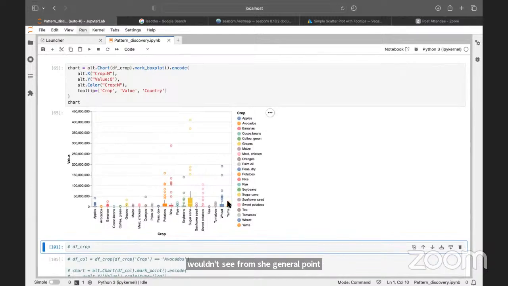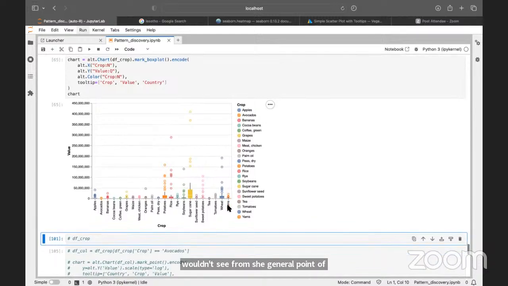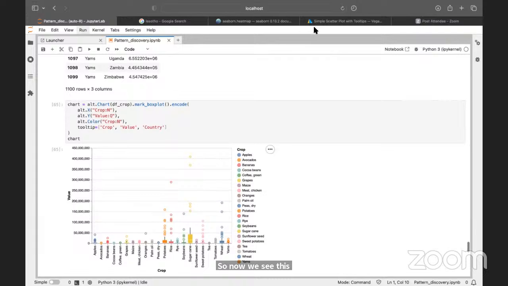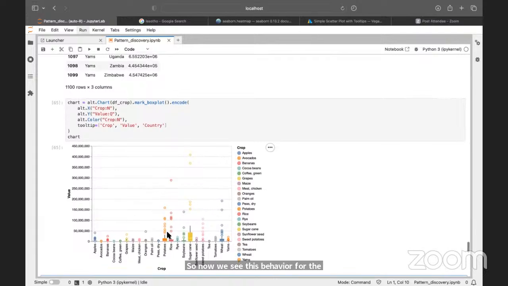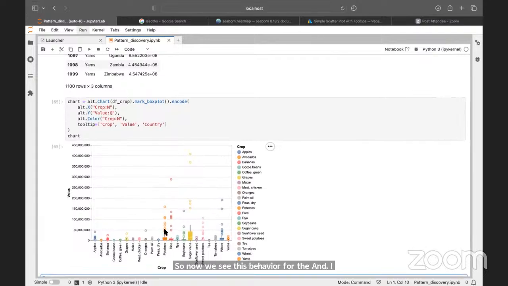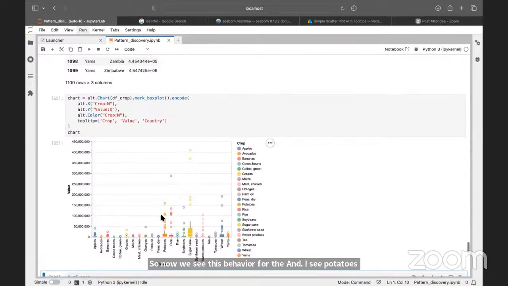So now we see this behavior for the yams, and we see potatoes having an interesting number of outliers, and we can decide to go deeper into this, wondering why this is not highlighting the values.